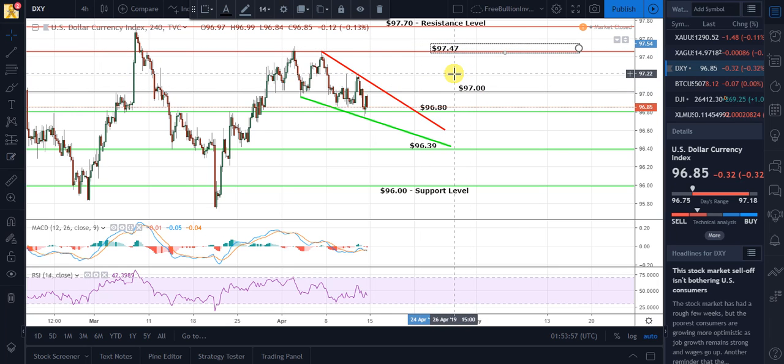I mean, it's a mixed bag. If we get a trade deal, it should be good for the dollar because there will be more economic activity. However, if we don't get a trade deal, then it could also be good for the dollar because a lot more uncertainty will come into the markets, and the U.S. dollar, as well as gold and silver, is seen as a safe haven, and people might pile into the U.S. dollar as a safe haven.